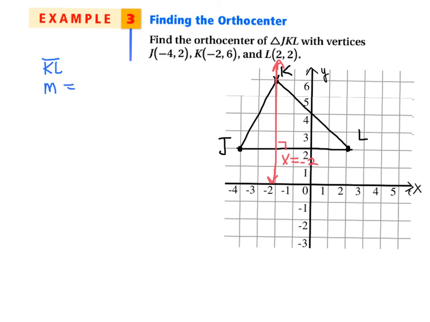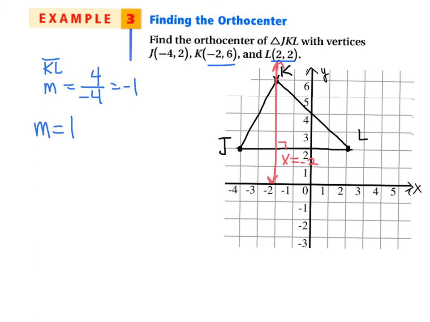So I'm going to take my points, K and L, and subtract my y values, 6 minus -2, which is 8, over the x values, -2 minus 2, which is -4. That gives me a slope of -1. Since I want the perpendicular slope to that, the slope I'm going to use is the opposite reciprocal, which is +1. So the slope I want is 1.